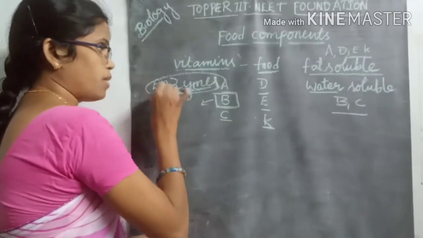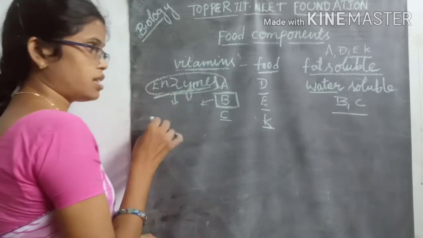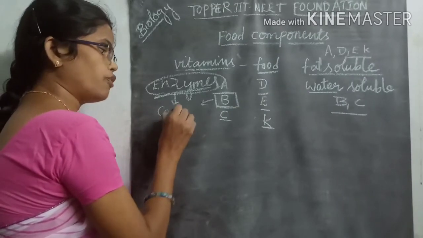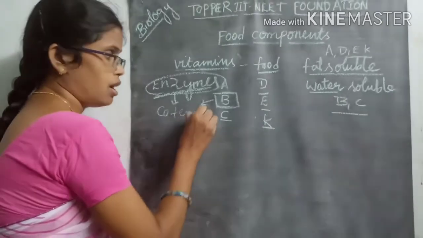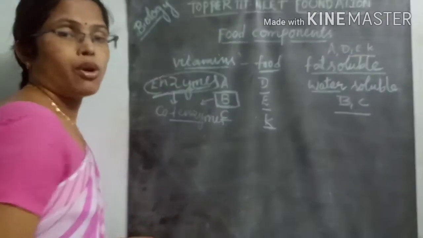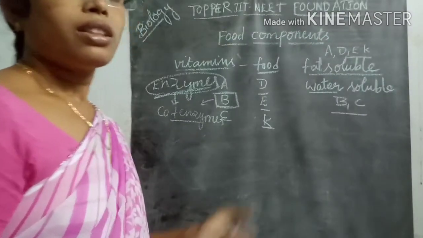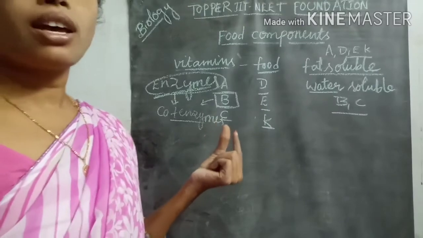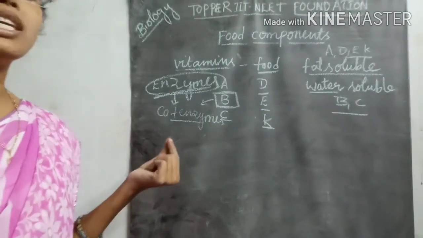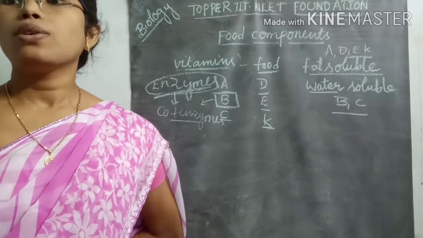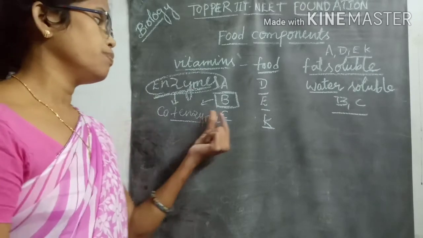For the functioning of these enzymes, some of these vitamins act as cofactors or coenzymes. These cofactors or coenzymes help the chemical reactions which occur in our body. So that's why they are very important.